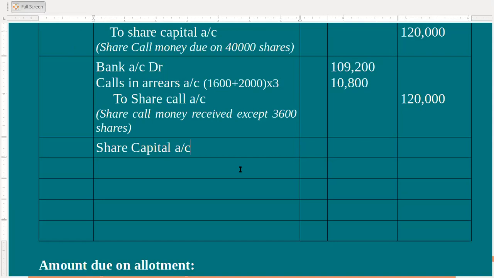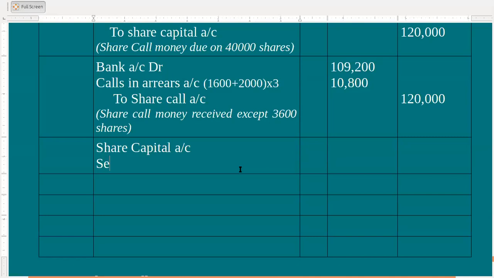What is the treatment when the premium is not received? Yes, it will be debited, no? Okay, so we will debit securities premium reserve account. Securities premium reserve account will be debited.